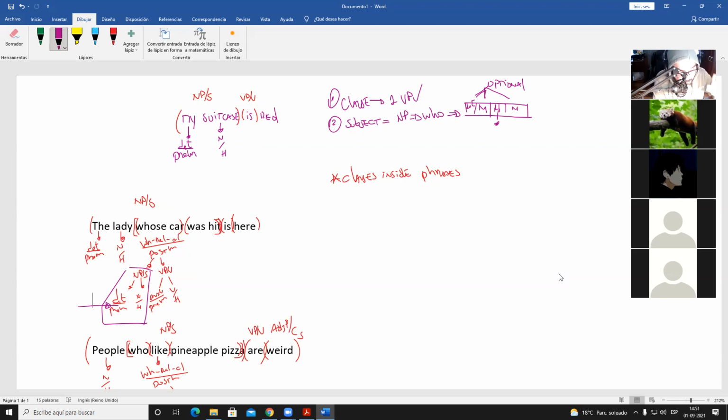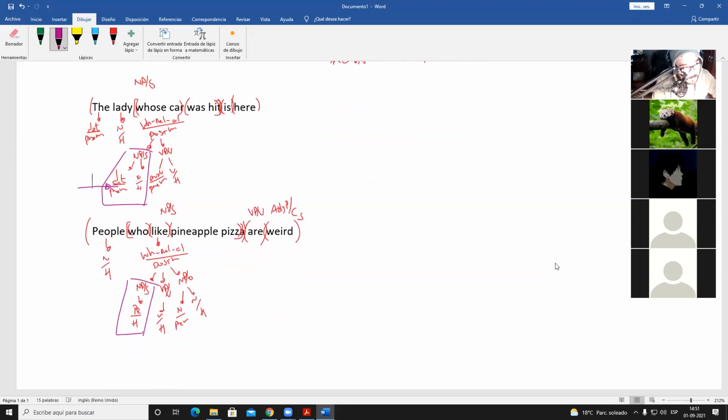But let's remember that all the other stuff which are not heads are optional, that is to say, you can erase them. Let's go back to the example. Whose car: what you have is a determiner and then a noun head, which means that whose is acting as the very first role, the role of determiner. No problem. Let's go to the other one.